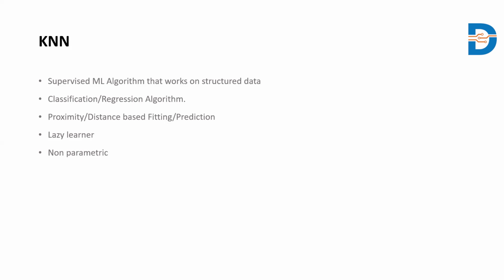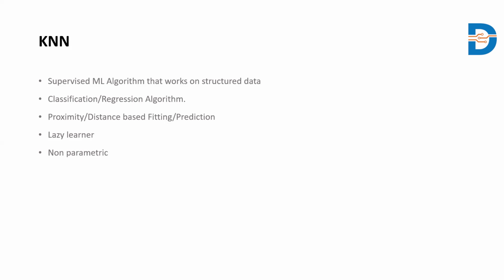This algorithm is called a lazy learner because KNN algorithm doesn't develop any equation or doesn't calculate any parameters during its training phase. Since it is non-parametric, only when the testing data comes, it starts working. For each test data point, it starts calculating the nearest neighbors and predicting the target class or target value of the new point.